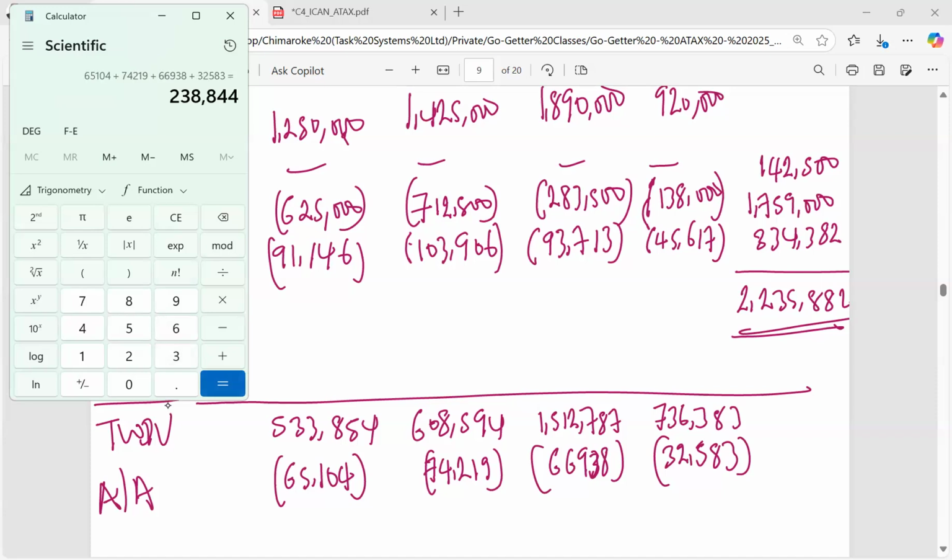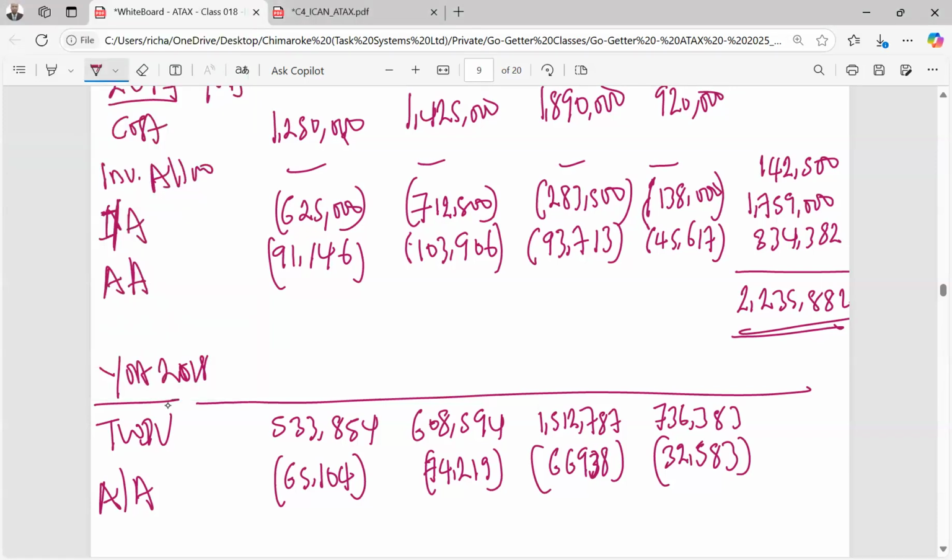That gives us 238,844. So this is your capital allowance for the period.